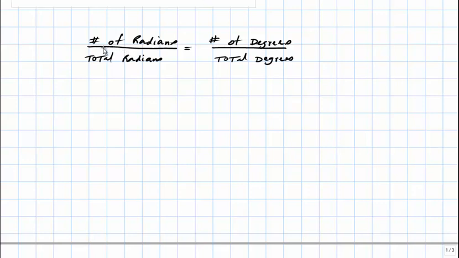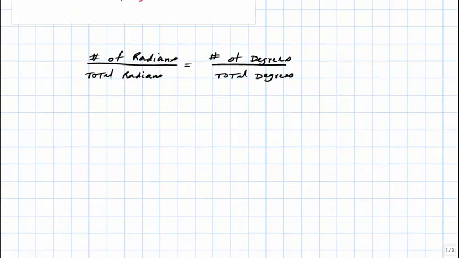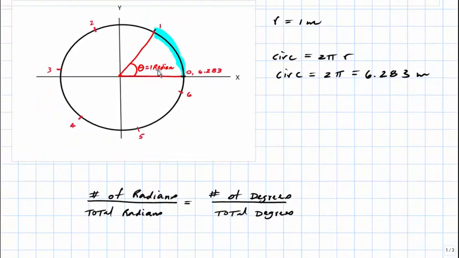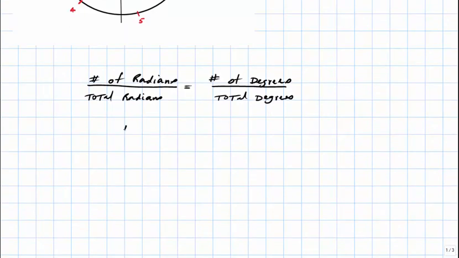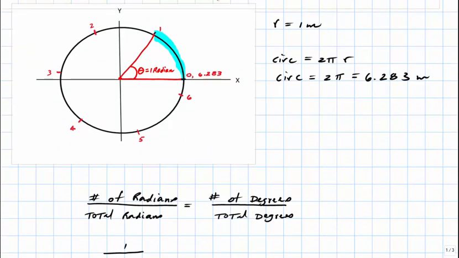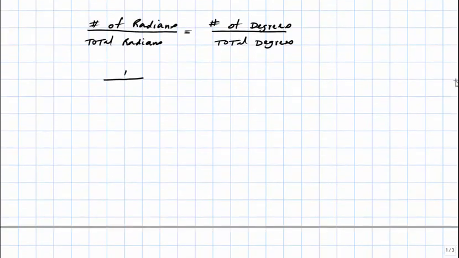Now, the number of radians occupied by our angle, in this case, equal 1. So we have 1 radian, and the total number of radians contained within a circle equal 6.283. This must equal the number of degrees divided by the total number of degrees within a circle, which of course is known to be 360 degrees.